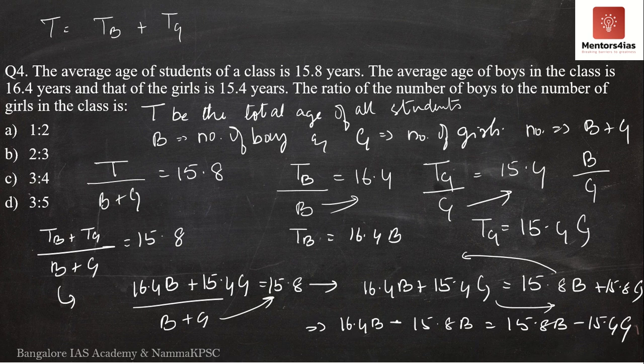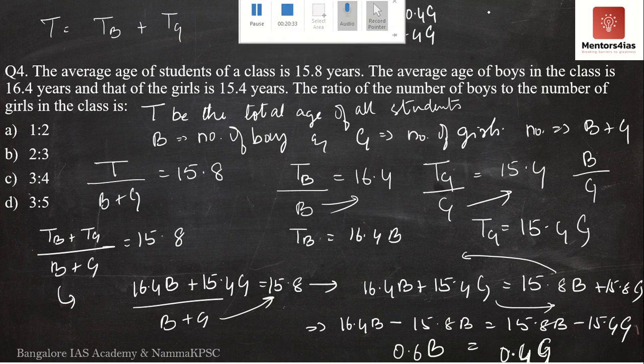So 16.4 minus 15.8 is 0.6B, equal to 15.8 minus 15.4, which is 0.4G. I'm going to write this over here at the top. So we have 0.6B is equal to 0.4G, or 6B is equal to 4G.